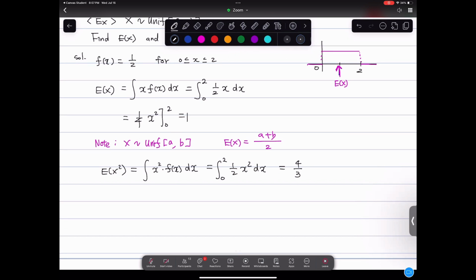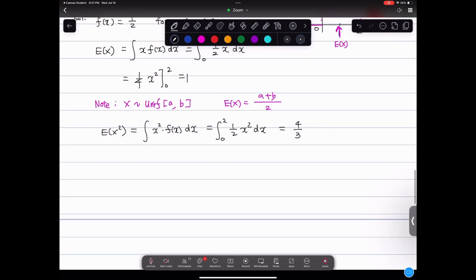Right, something that you have to watch out for. Let's get the general form. In general, the expectation of g of x is not the same as g of E of x.